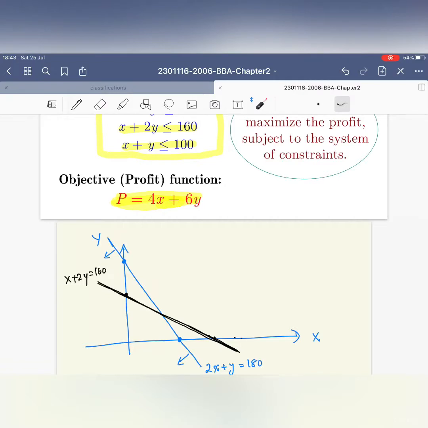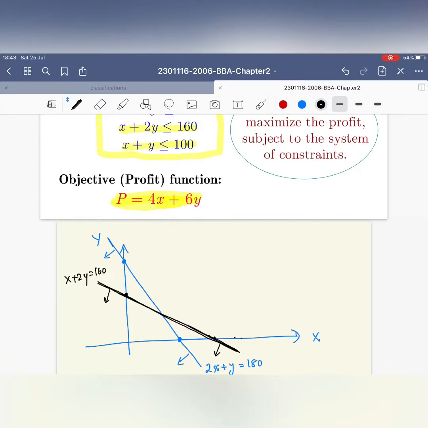Again, you just plug in, because there are two regions, and the region below includes the point 0, 0. So you plug in 0, 0 here, it will be less than or equal to 160, which holds. So the region that you will choose is the one including this 0, 0. So of course it will be this one.